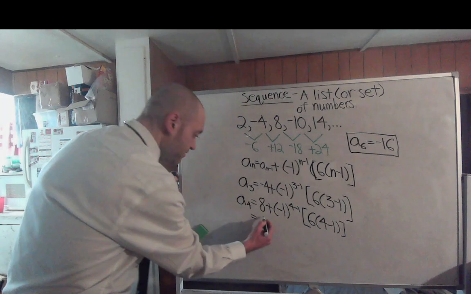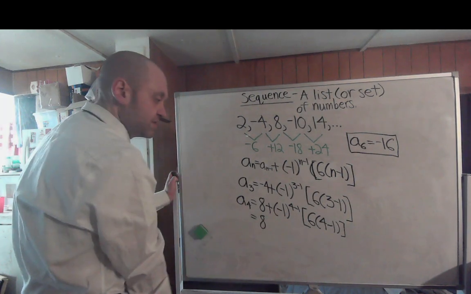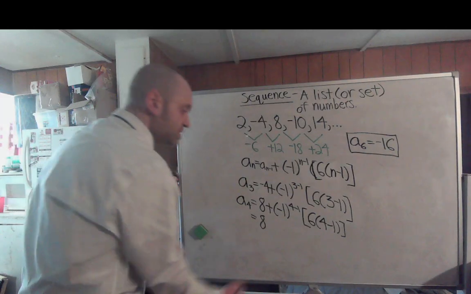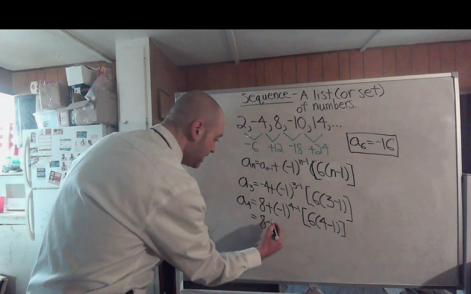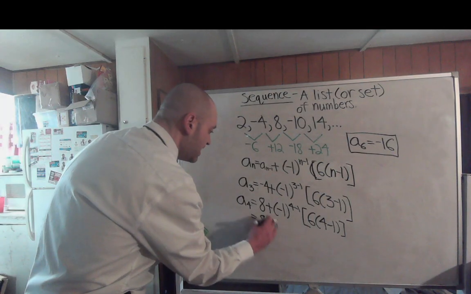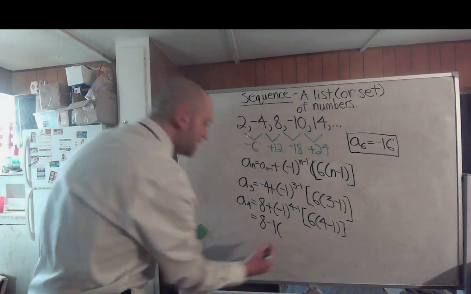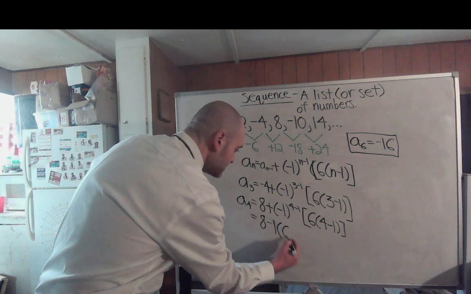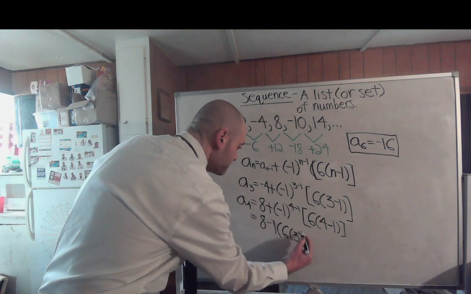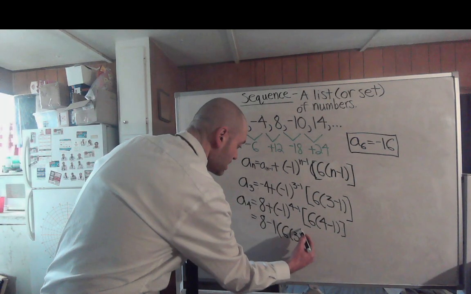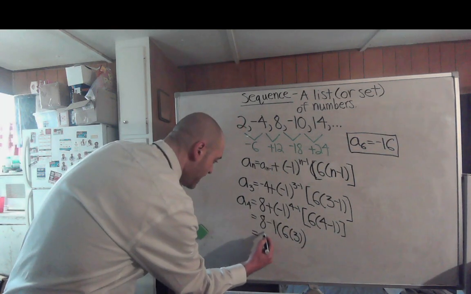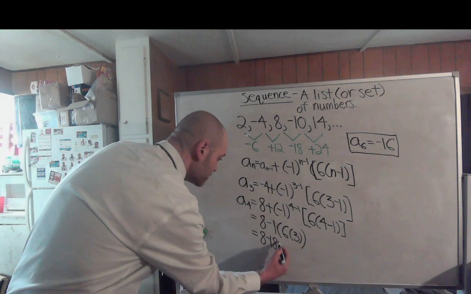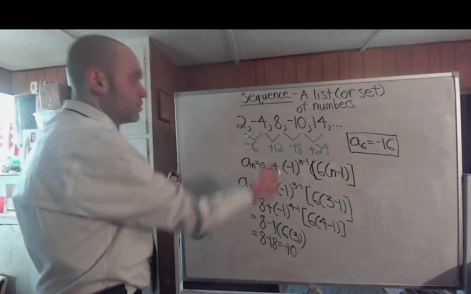Well, you'll have 8, but what is negative 1 to the 4 minus 1? That's negative 1 to the third, which would actually be minus 1. So you'll have 8 minus 1 times 6 times 3, which would give you 8 minus 18, which gives you negative 10 for your fourth term.